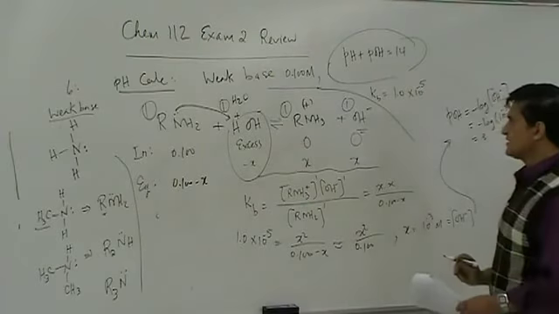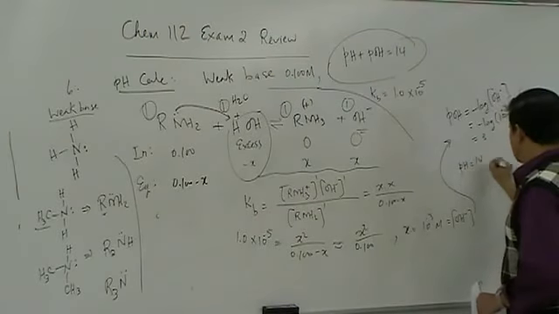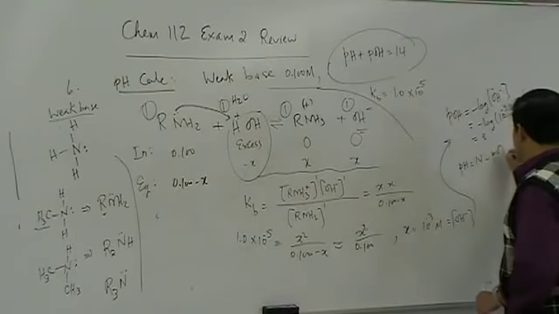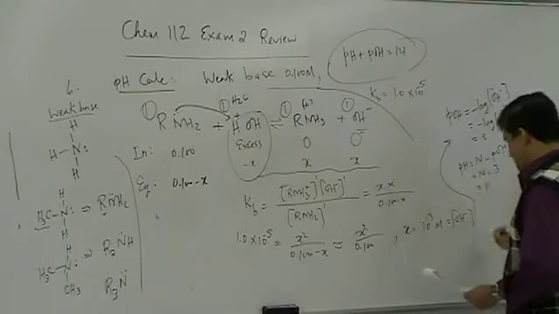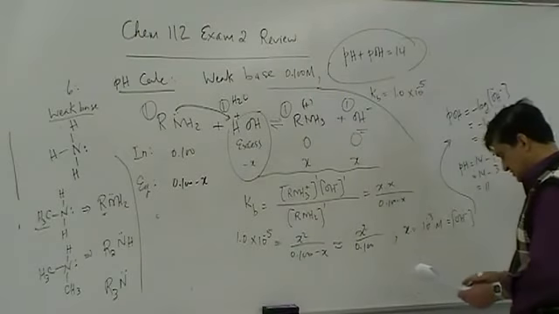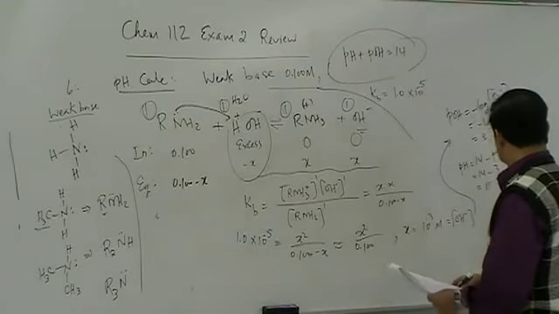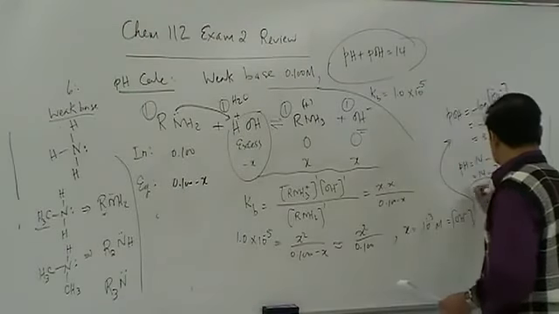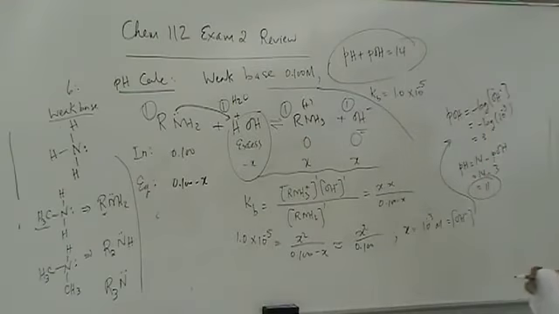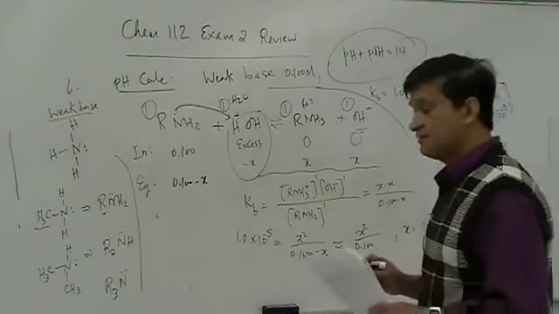But the question is asking for the pH value. So pH is 14 minus pOH, that's 14 minus 3, which is 11. So 11 is the answer to this question. This is an example of a pH calculation for a weak base.